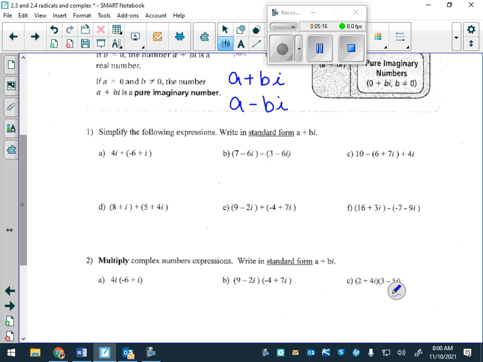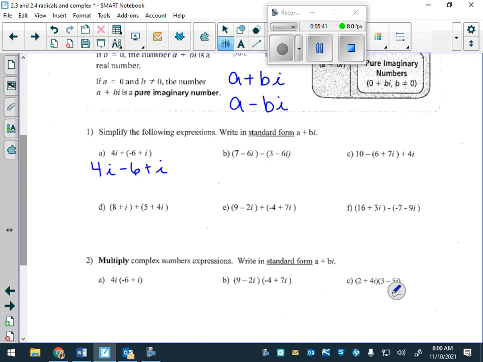So when we're adding and subtracting, all you're doing is combining like terms. That's all you're doing. i is acting like a variable. So, for example, and they always put parentheses around it because it's always an expression, okay? For this, since we're adding, I could drop the parentheses.